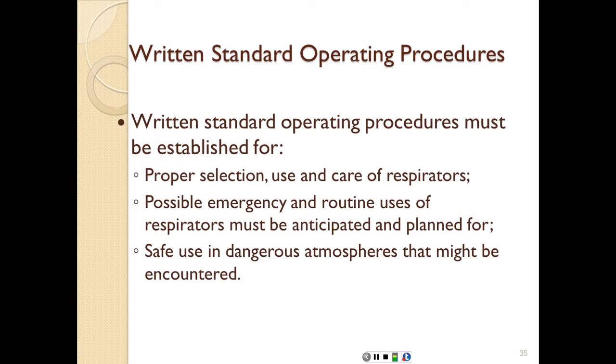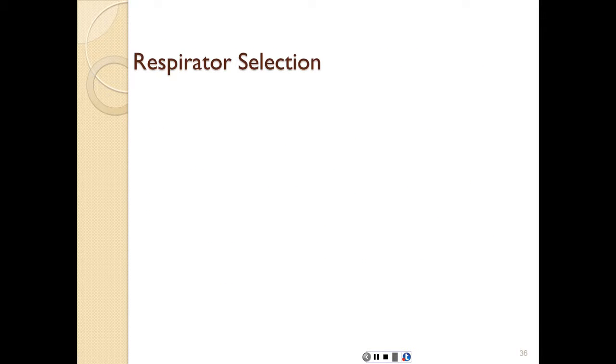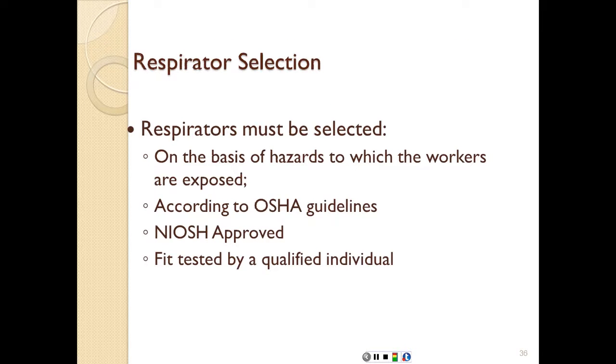So again, in case you are dealing with a toxic atmosphere or an atmosphere that's going to have fumes or gases and so on, then you're going to need respiratory protection. For respirator selection, respirators must be selected on the basis of the hazard to which the workers are exposed and according to OSHA guidelines, and they have to be NIOSH approved, which is the National Institute for Occupational Safety and Health, and they have to be fit tested by a qualified individual.